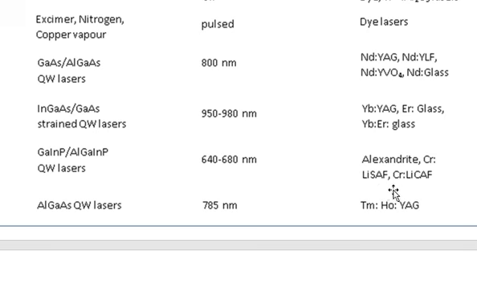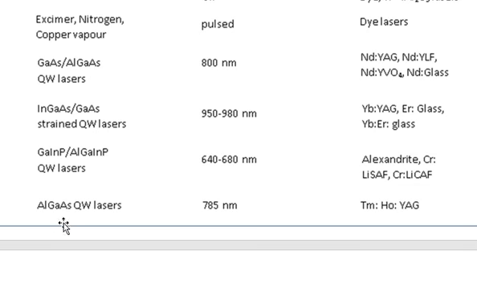Chromium is the ion in both of these, and LiSAF and LiCAF are the host crystals for the chromium ion. LiSAF stands for lithium strontium aluminium fluoride, and LiCAF stands for lithium calcium aluminium fluoride. So these three broad categories of lasers are pumped in the range from 640 to 680 nanometer.